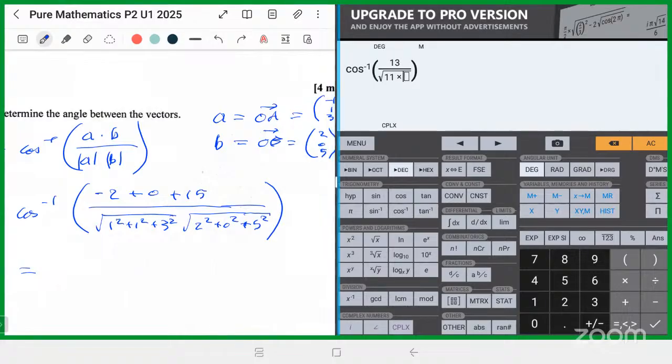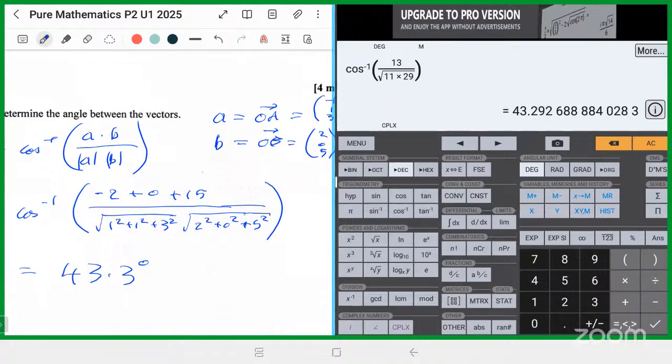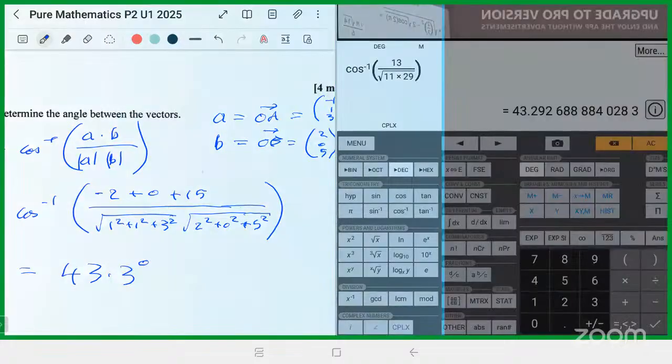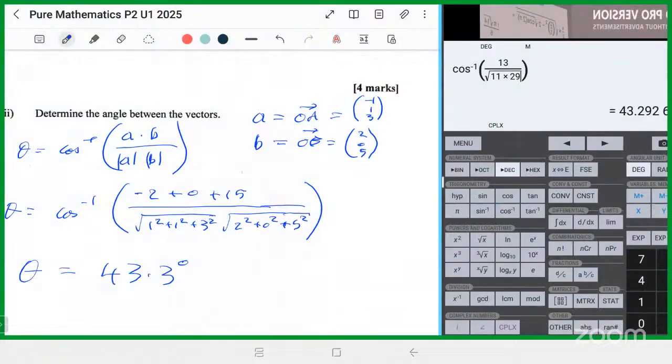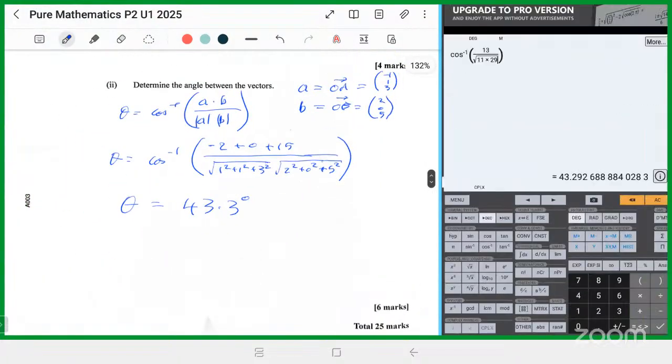That gives 43.3 degrees, and that is the answer. Nice and easy. 6 marks for those 3 lines of work.